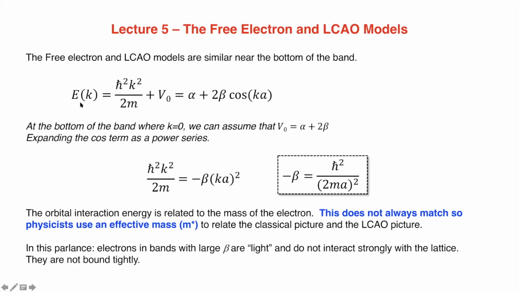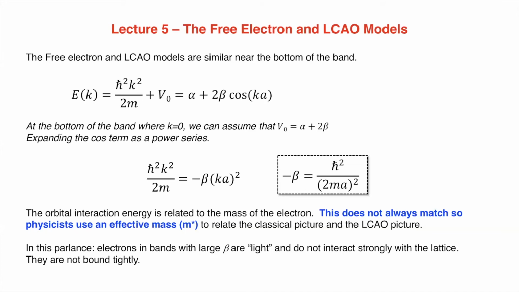So at the bottom of the band, E versus k is this kinetic energy piece plus the potential of the lattice. And then here what I've done is I've set that energy, describing it as a free electron, to the energy that comes out of the periodicity description of the MO energy, so the linear combination of atomic orbitals model.